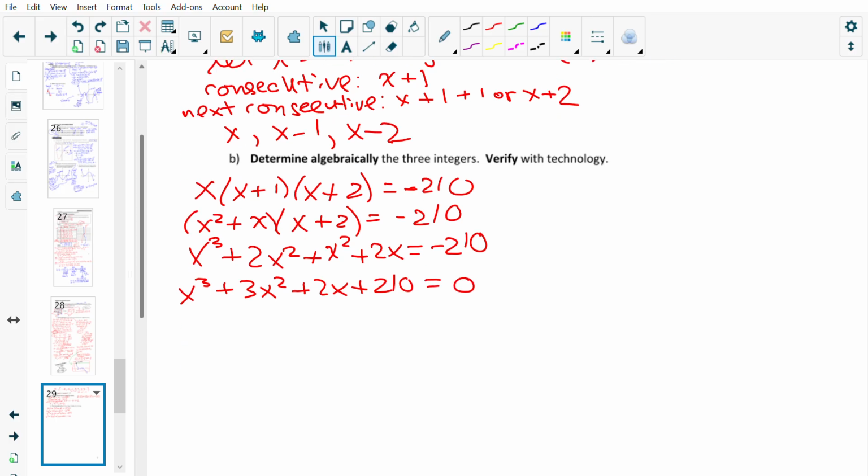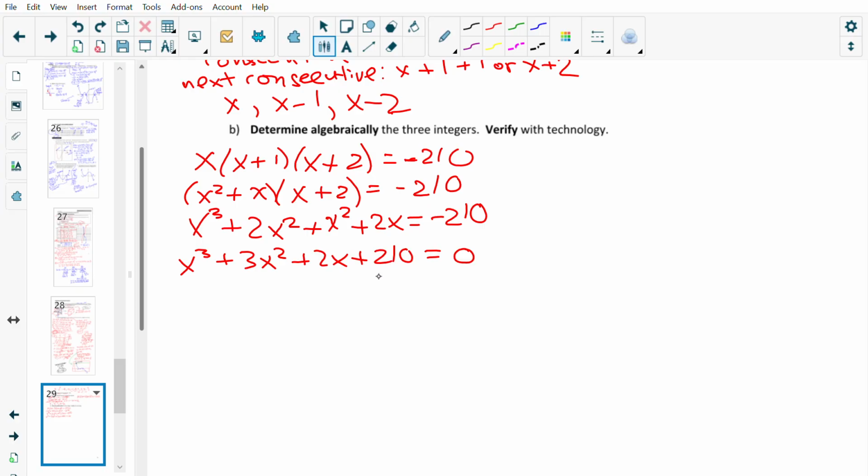And then let's make everything equal to 0. Remember, we need to solve for 0 to solve for x, right? It's 210, right? You're going to have to look for factors of 210 using the integral zero theorem. I'll just make it quick for you. x plus 7 works, so a negative 7. Let's do some synthetic division.